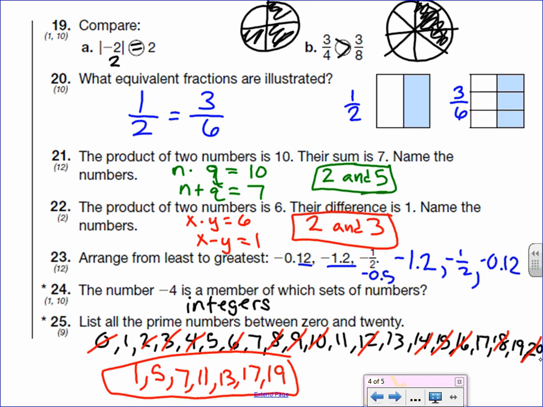None of those are divisible by 2, 3, 4. Oops, I gotta take out the 5. I missed that one. 5 is divisible by 5. Alright, my brain obviously is not working for me. 5 is prime.